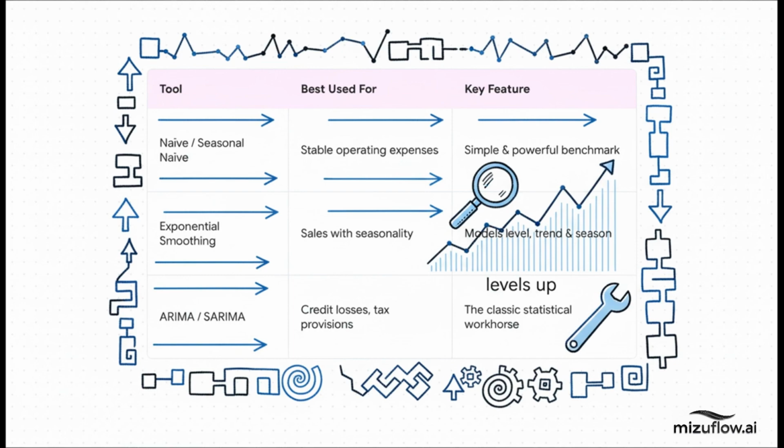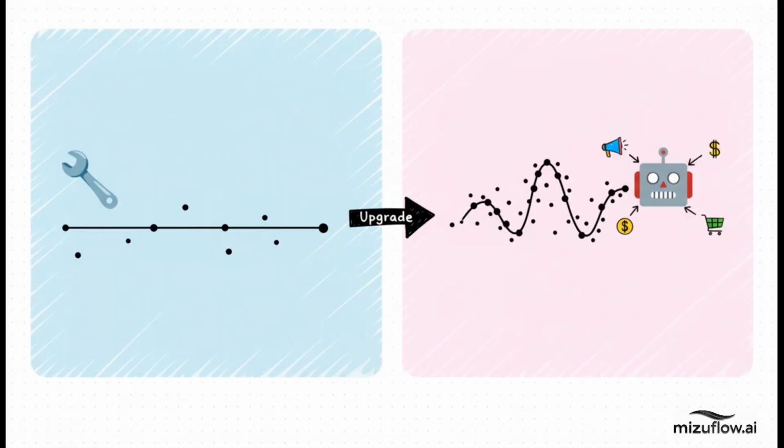And then there's ARIMA, the statistical workhorse of the group, which can handle more complex stuff like credit loss reserves. But let's be real. Business is rarely a simple straight line, is it? What happens when your sales are driven by dozens of different factors, everything from marketing campaigns to weird economic indicators? Well, that's when the traditional toolkit starts to feel a little strained, and that's when we need an upgrade.